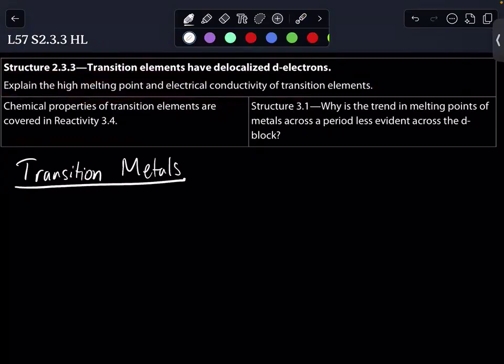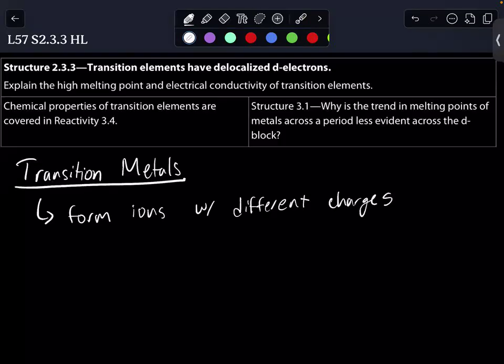Transition metals, or more often referred to as transition elements, also form ions with different charges. This is the biggest difference between them and regular metals. Regular metals, specifically our S and P block metals, usually have one charge.